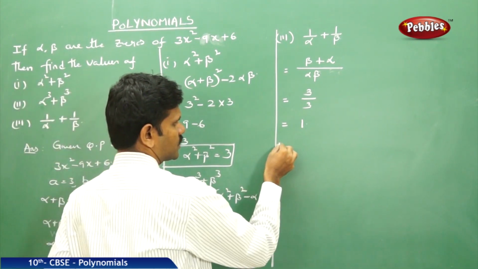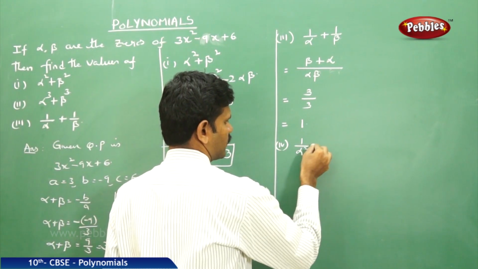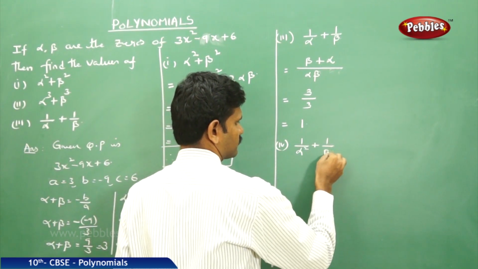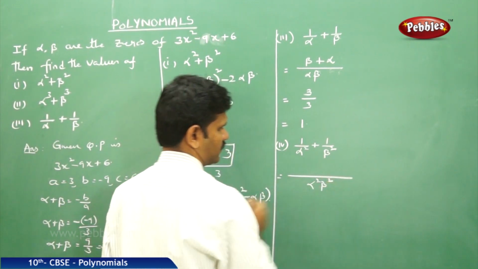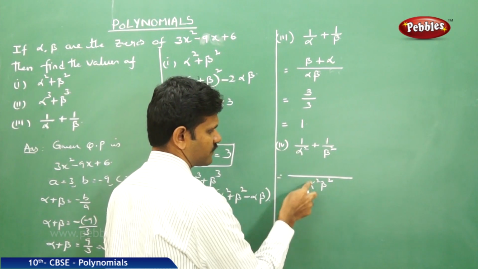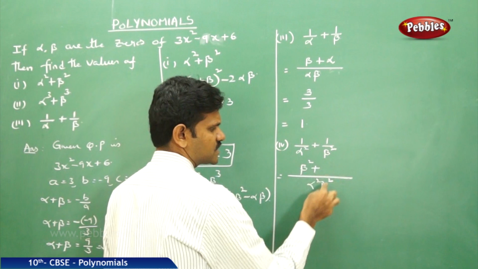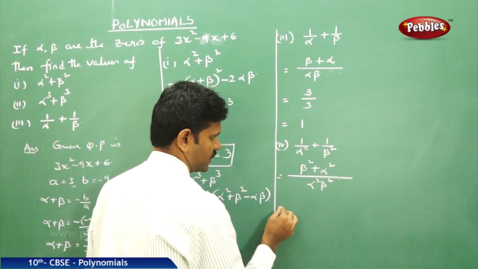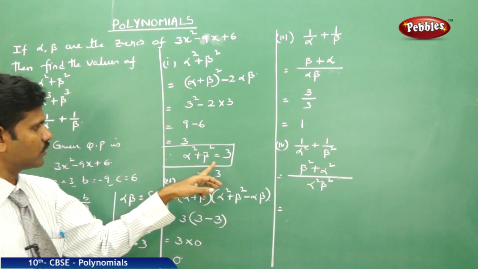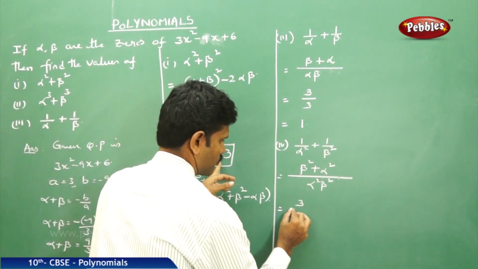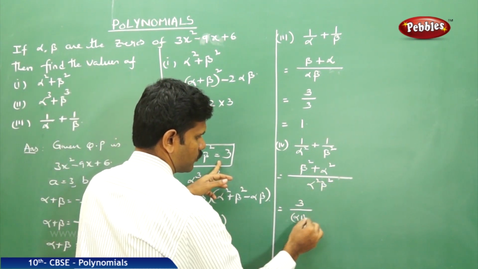Okay, next the fourth option is an additional one: what is the value of 1 by alpha square plus 1 by beta square, that is equal to, LCM is alpha square beta square. Now alpha square gets cancelled, beta square plus alpha square, whose value I have got, that is 3 by alpha square beta square, nothing but alpha beta whole square.